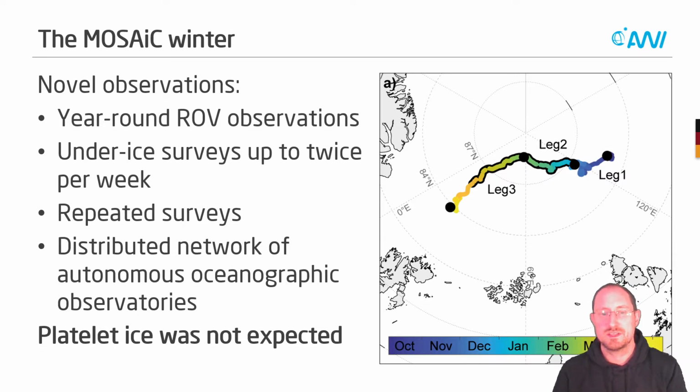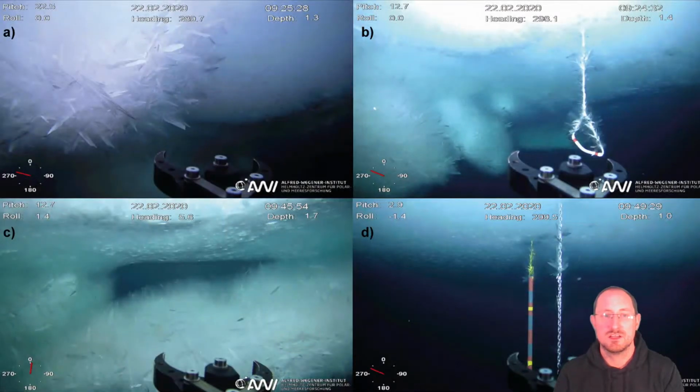To begin with, we didn't really expect to see any platelet ice, but when we put the ROV into the water in winter, starting in late December, we dove into a maze of these amazing platelet crystals.